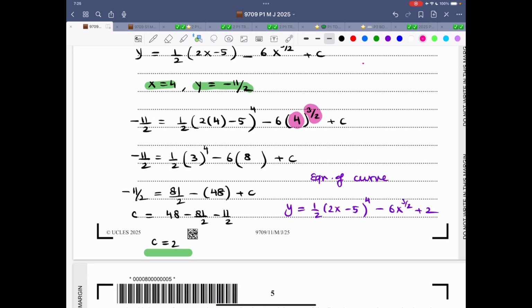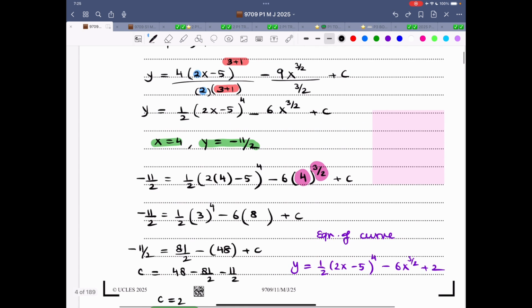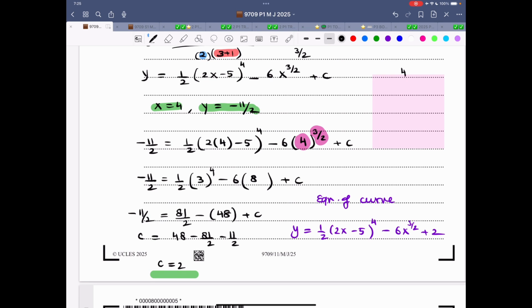Also, let me draw a box over here. That is how it's done, which is it can be done in two different ways. 4 raised to power of 3 over 2 can be written as 4 raised to power of 3, raised to power of half, which is 64 raised to power of half, which is, the square root of 64 is 8, my bad.